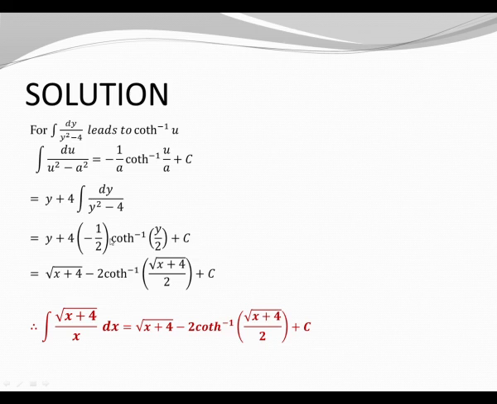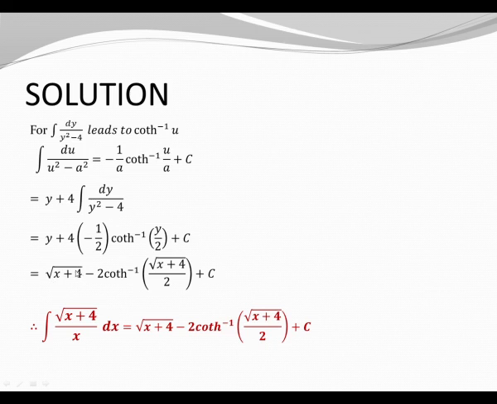Then since the given is not y but instead an x, and the variable y is actually the given square root of x plus 4, all we have to do is replace again the y by square root of x plus 4.